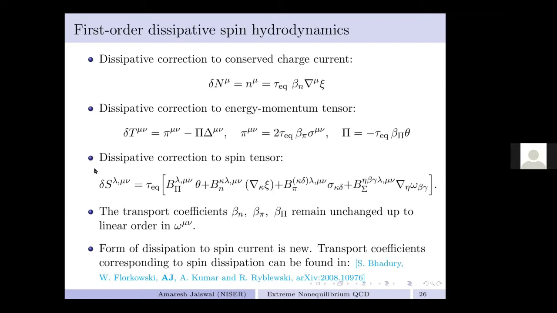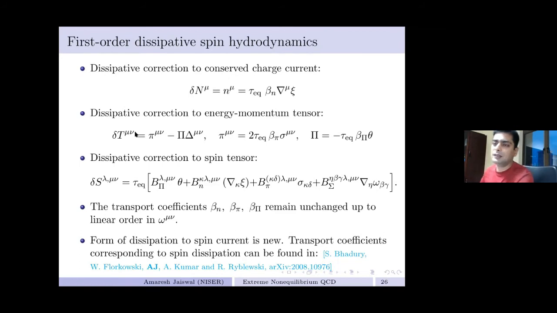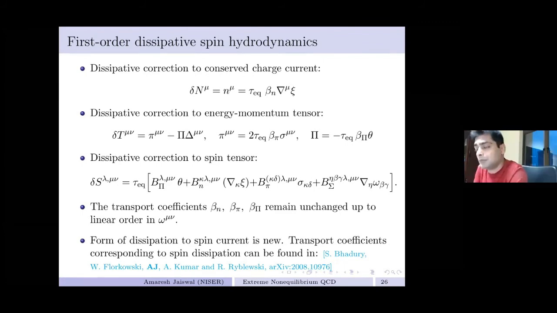In that sense, this is the general constitutive relation where delta S lambda mu nu is related to the derivative of psi and the derivative of omega. You're absolutely right. Still some work needs to be done in that direction to understand the constitutive relation in terms of sigma, like pi mu nu and capital pi. That decomposition still needs to be done.